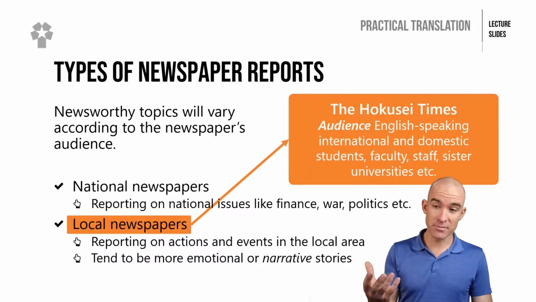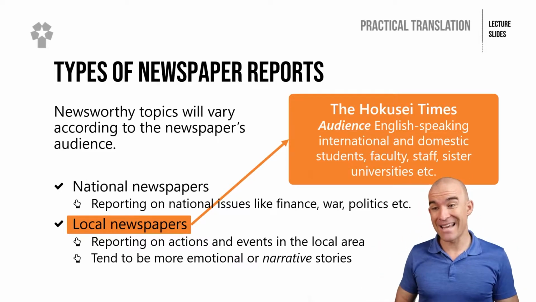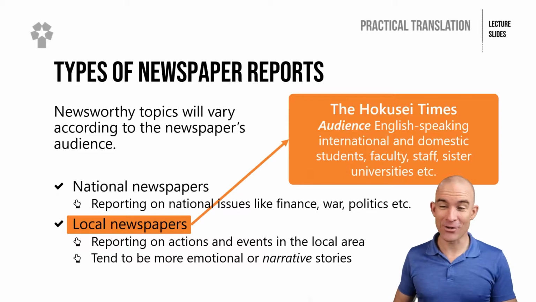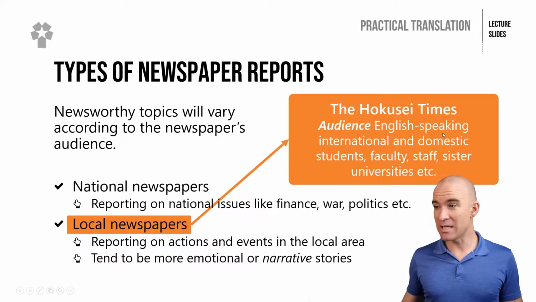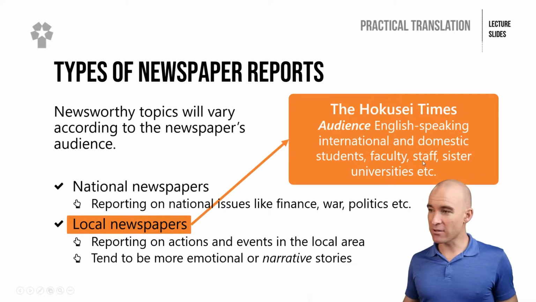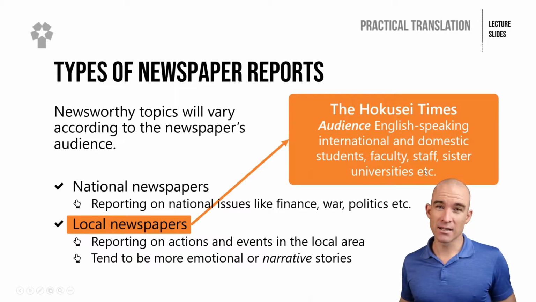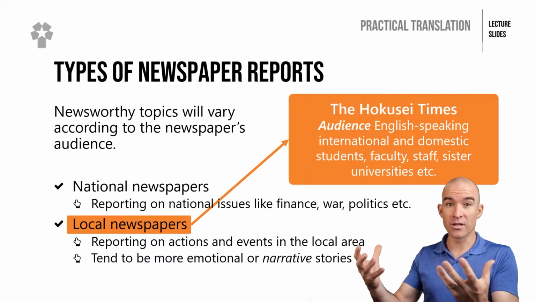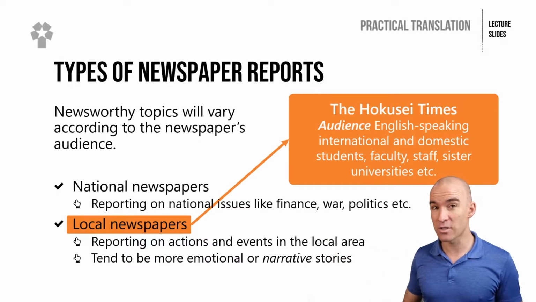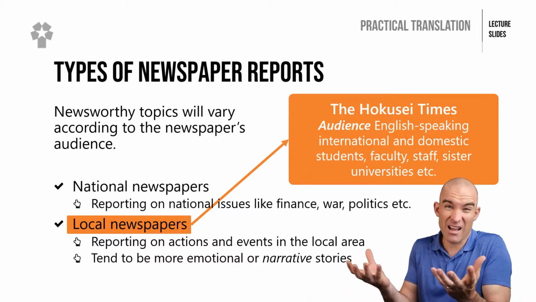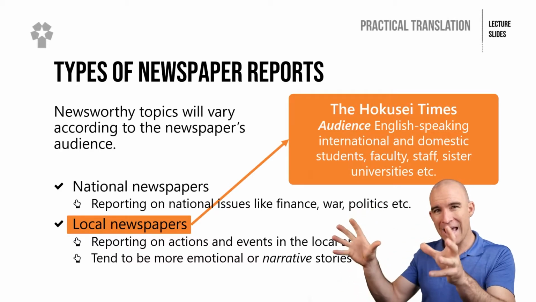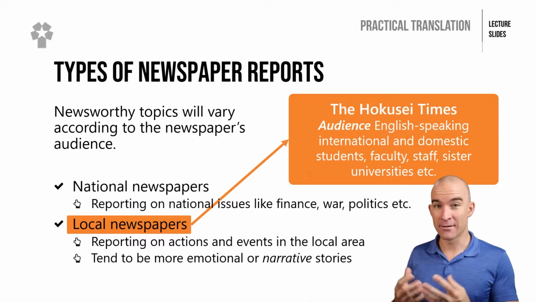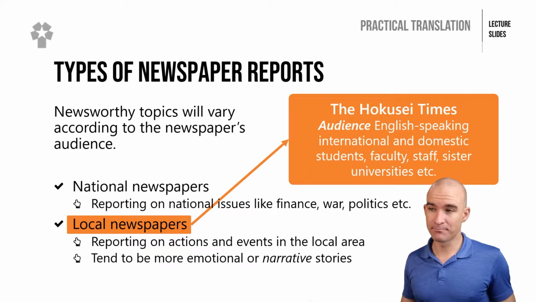Now, the Hokusei Times, you could think of it as a local newspaper. It's certainly not a national newspaper. The audience is English-speaking international and domestic students, faculty, staff, sister universities, etc. So this audience is interested in what is going on at Hokusei, what's going on in the wider community around Hokusei, what's going on in Sapporo, perhaps what's going on in Japan and how that affects us here at Hokusei.